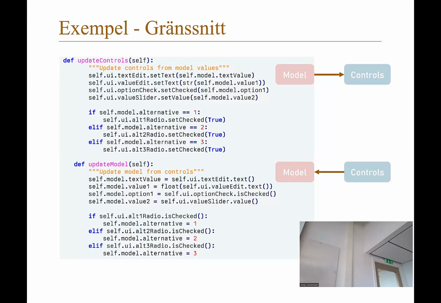The other way around, you have to go. Text is no problem, it's just assigning the text. But if you have a value here, you have to do float to convert it here. And here you also need, I will show you how you handle this error handling as well, because this could be wrong. The text here can contain something that can't be converted to floats, and that will then give an error. So you need to handle it as well. But the idea is that you have one method for updating the model, one method for updating the controls.